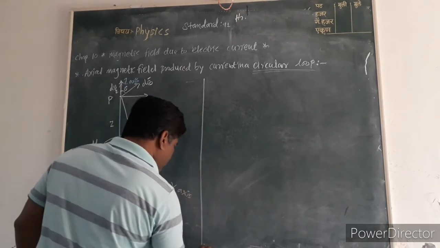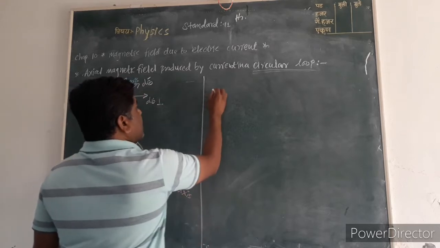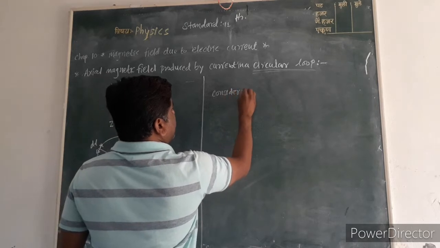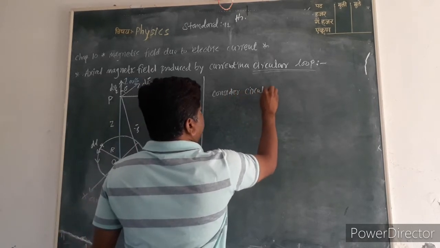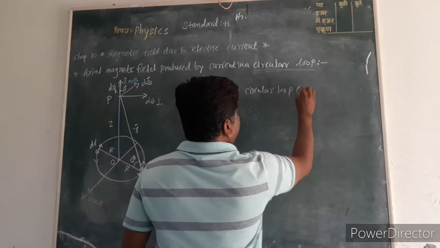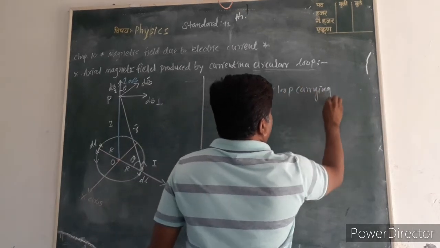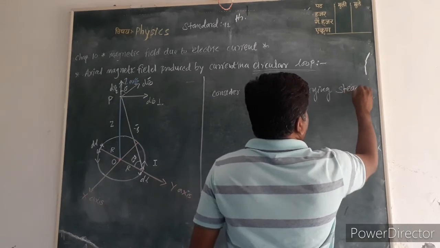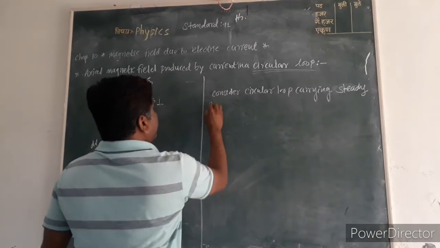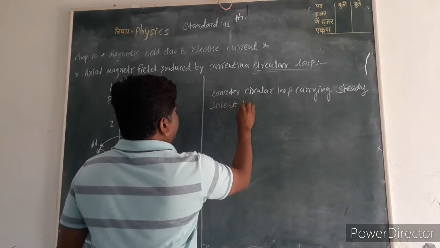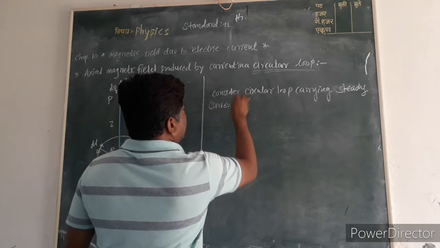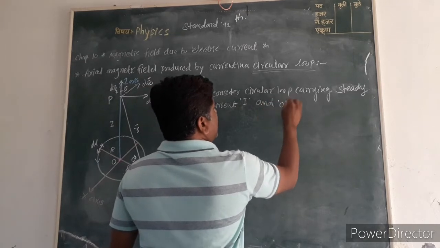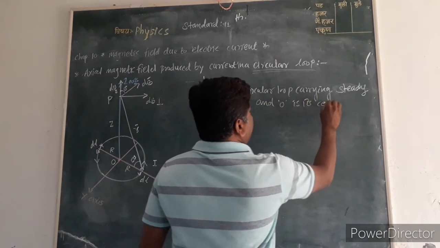Now we consider a circular loop carrying steady current I, and O is its center.